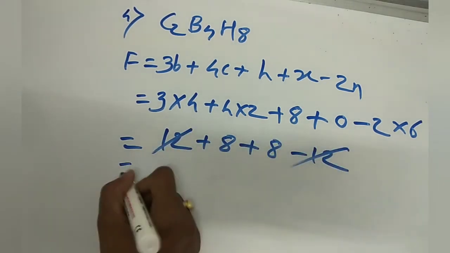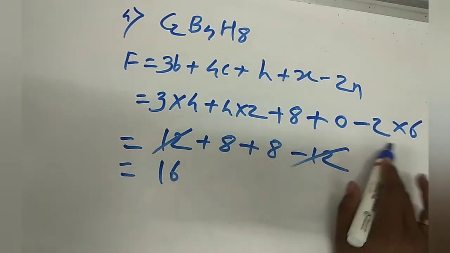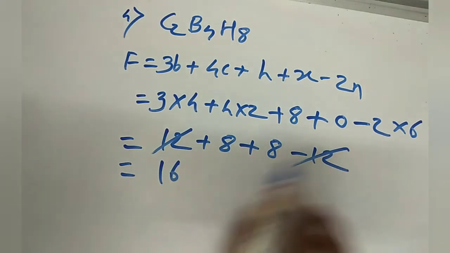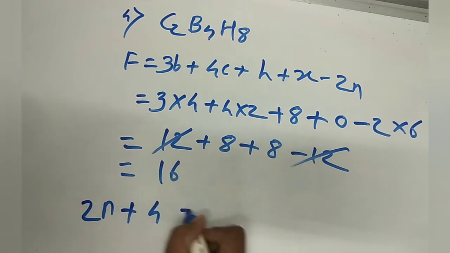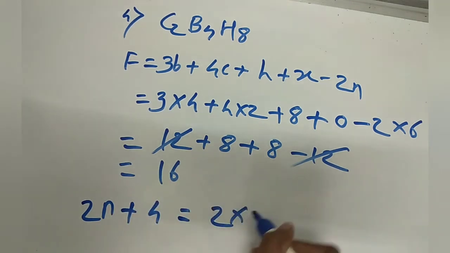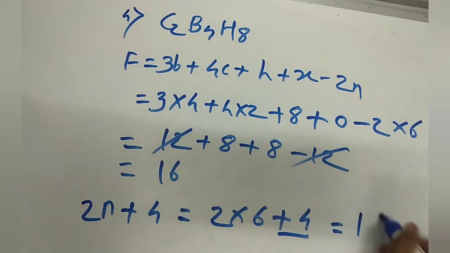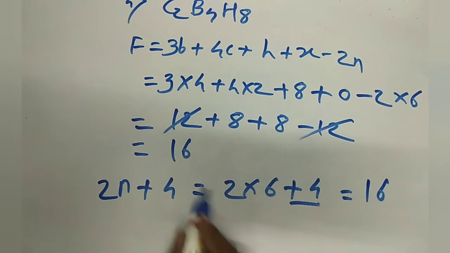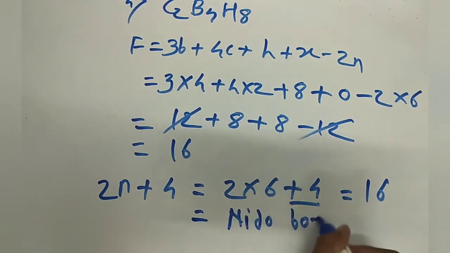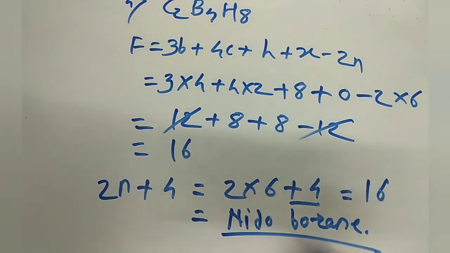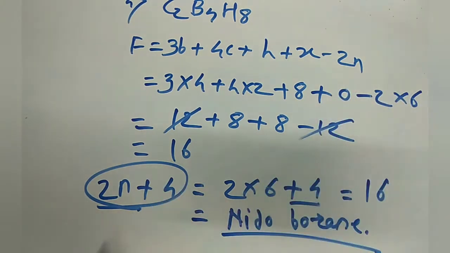This entity gets cancelled. 8 plus 8 is 16. So here 12 is there. For getting the 16 we have to add 4. Therefore we are using the 2n plus 4 rule here. 2 into 6 plus 4. After adding the 4 we are having 16. Therefore it is called nidoborane. Which rule you should consider is on the basis of the number of 2n.